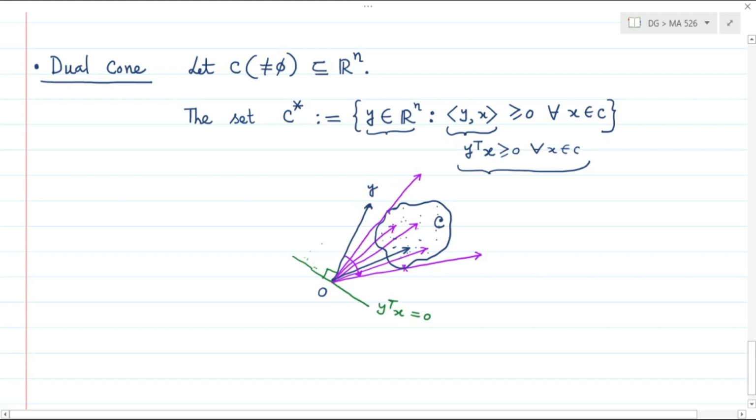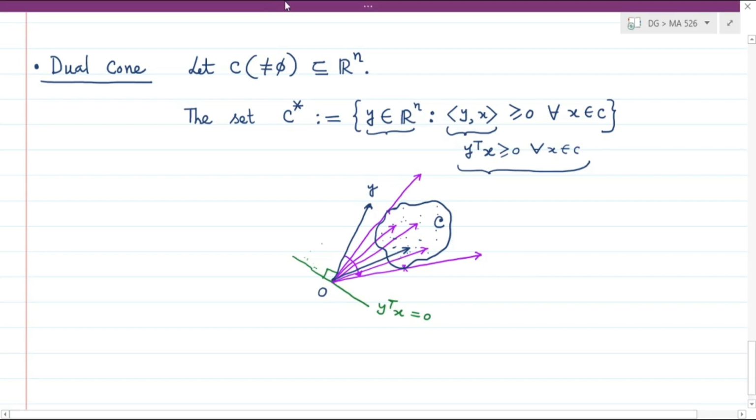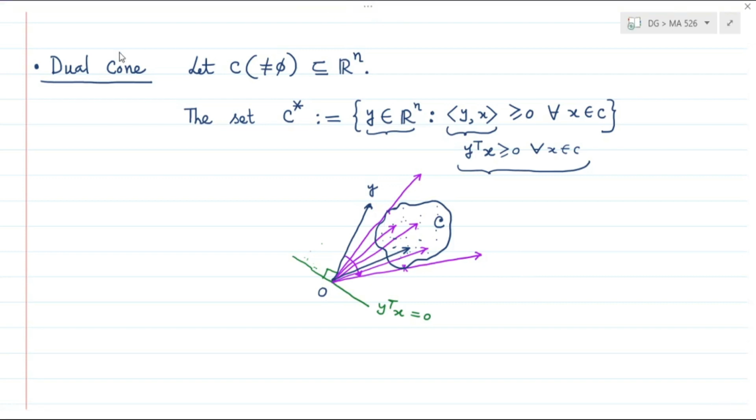And therefore now let us geometrically identify what the set C star is for the set C that I have drawn in this figure. You note that obviously the set C star will be those collections of y vectors that make an angle not more than 90 degrees.